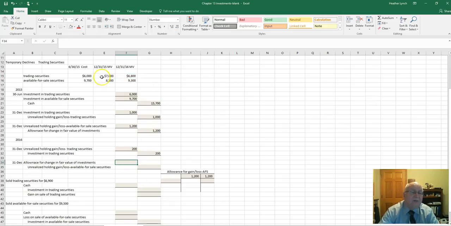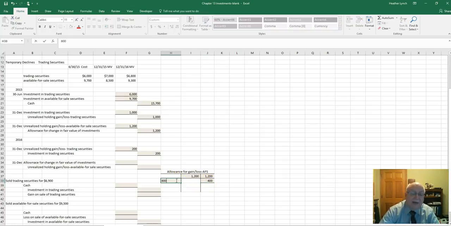For the allowance for the available for sale securities, we were at $9,700. We're now at $9,300. So that's a change of only $400 decline. So we want to credit the allowance account. We want a balance of $400 or a difference of $800. You can also take the difference between these two.